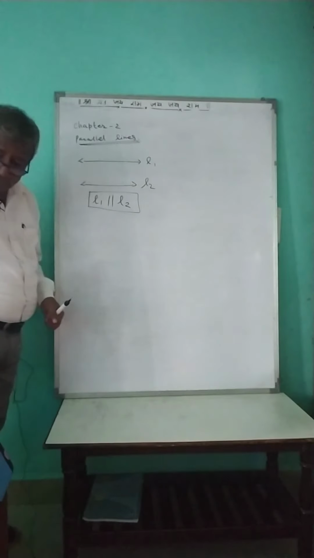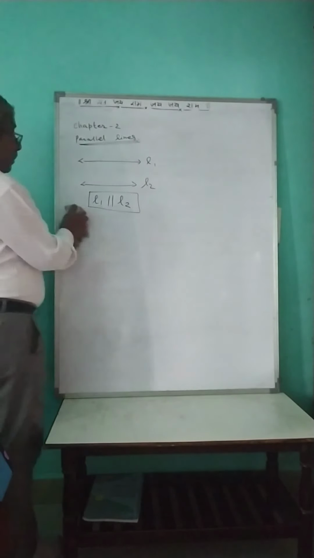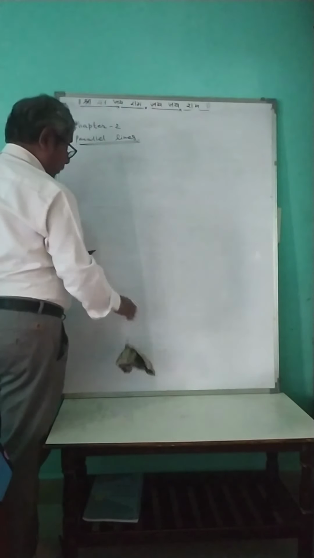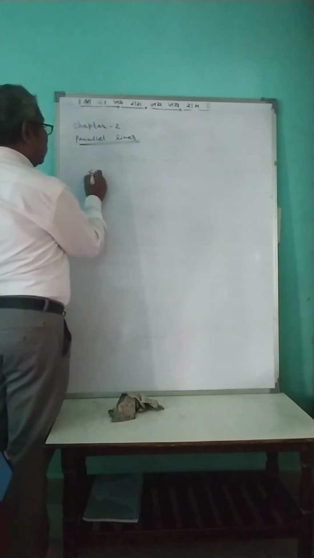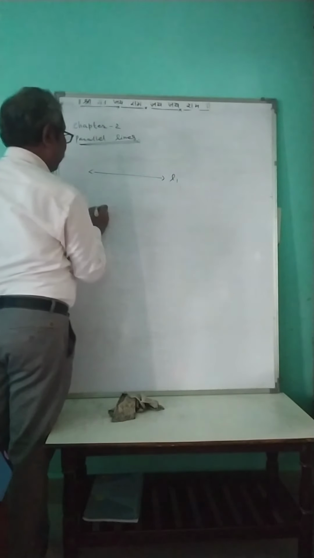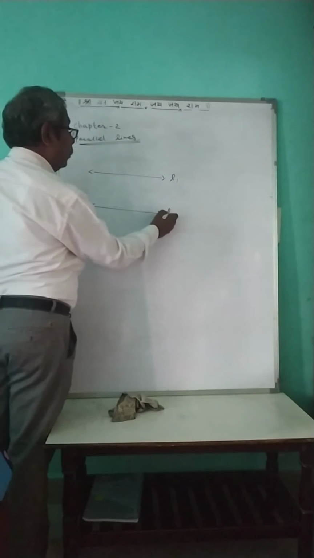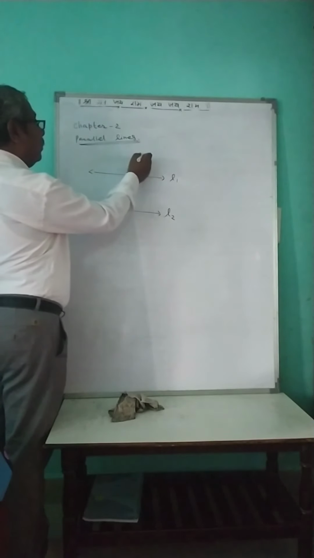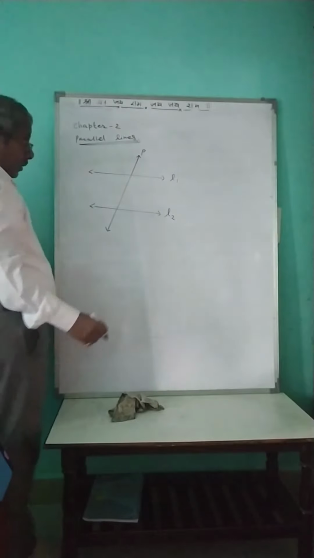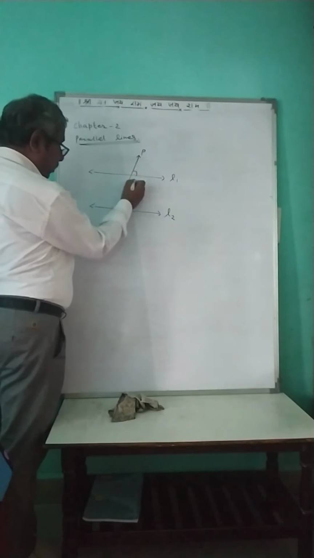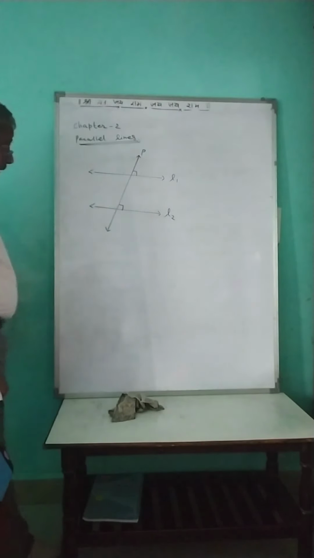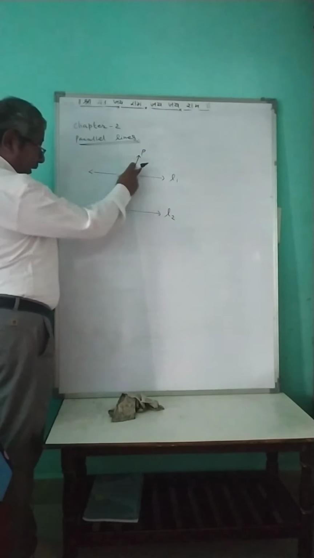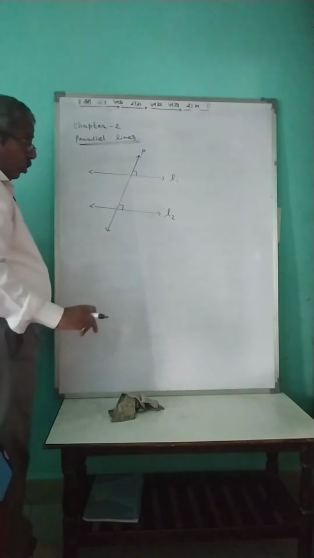Now there are some properties of parallel lines. If there are two parallel lines L1 and L2, and there is one transversal P, then this angle and this angle are known as corresponding angles, and these two angles are congruent.